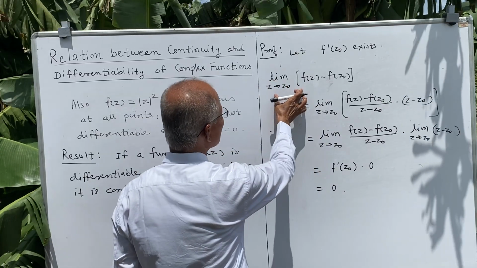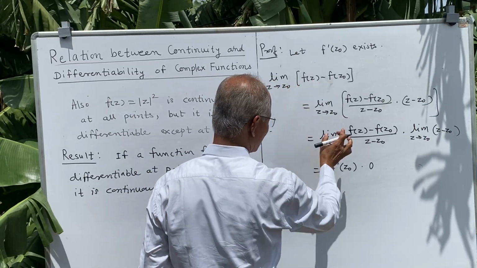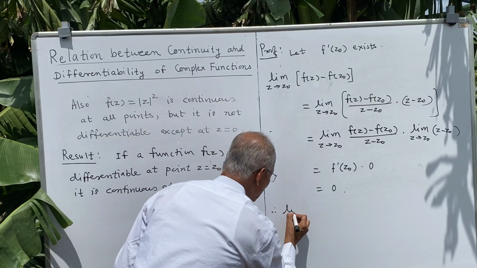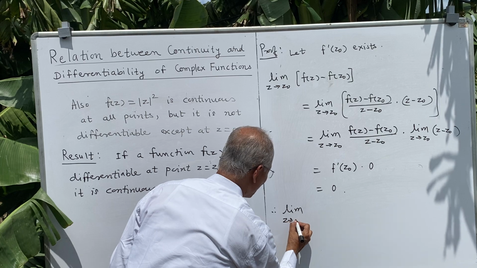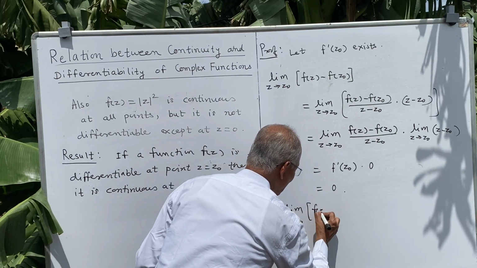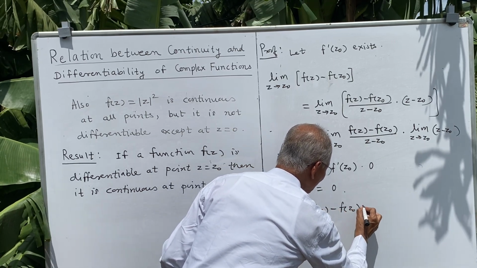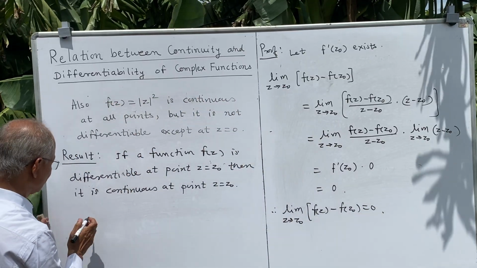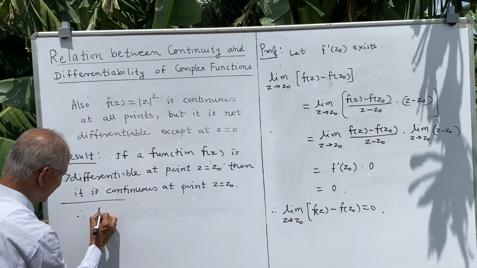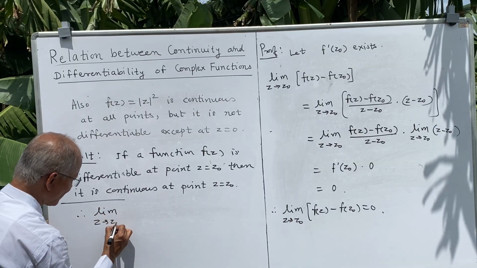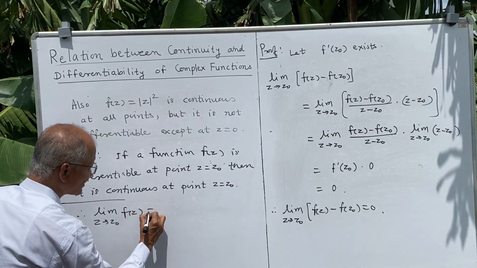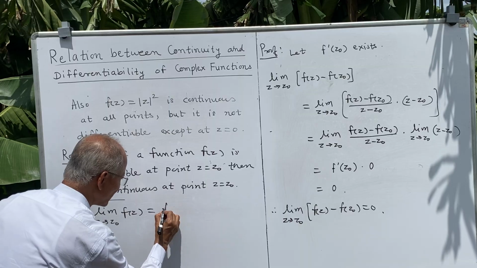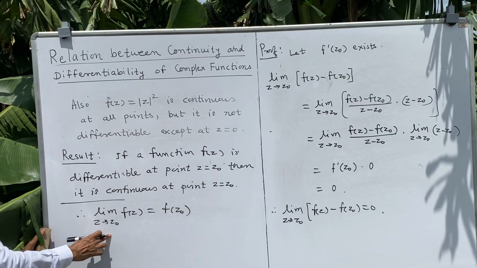So the limit of f of z minus f of z0 is 0, which implies the limit as z tends to z0 of f of z is equal to the limit of f of z0, but this is a fixed quantity and therefore it is f of z0, and this is the definition of continuity.